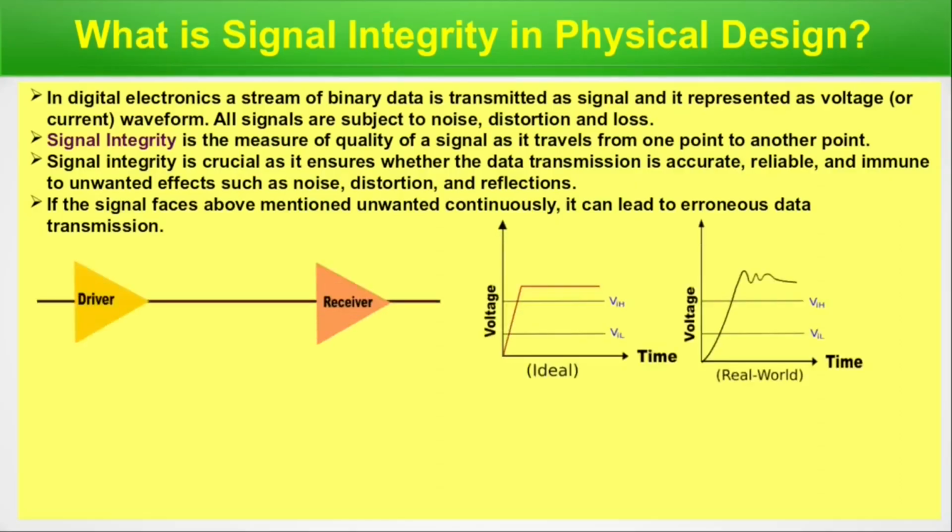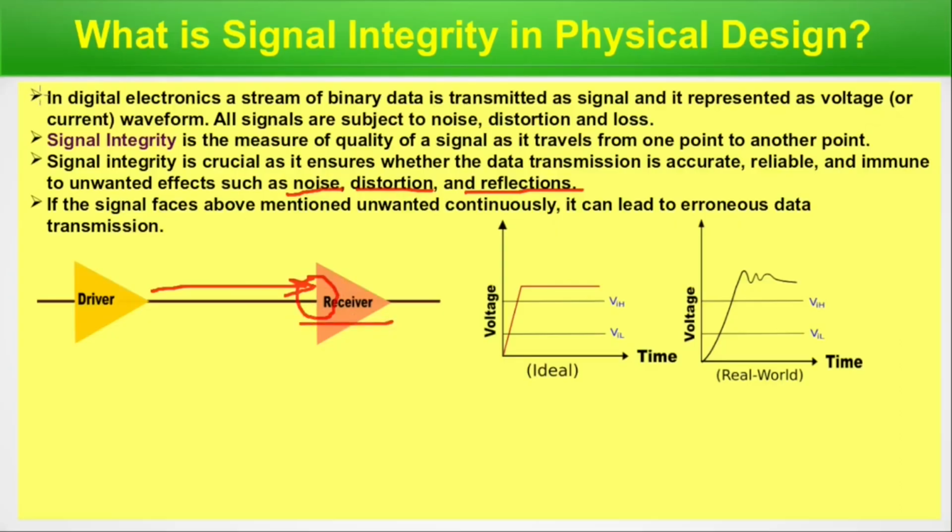So it's a diagram from driver: the signal is sent and the receiver will catch it. By that time, noise, distortion and reflection can happen. These three effects can affect in this part. And when it goes to the receiver, it might not reach the voltage level that is desired.